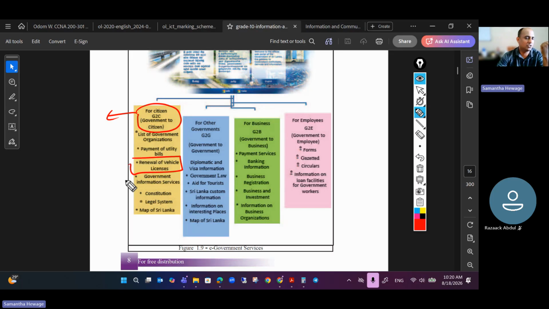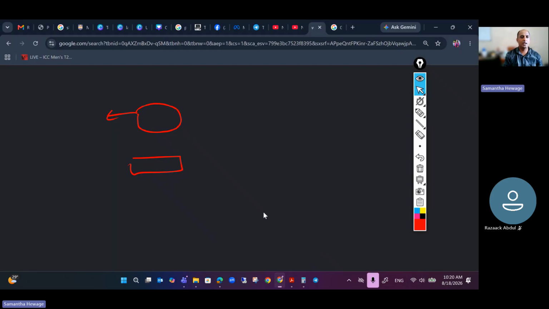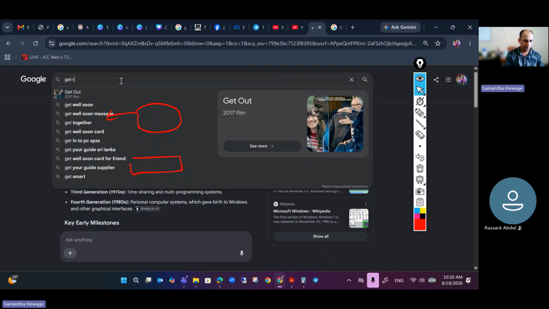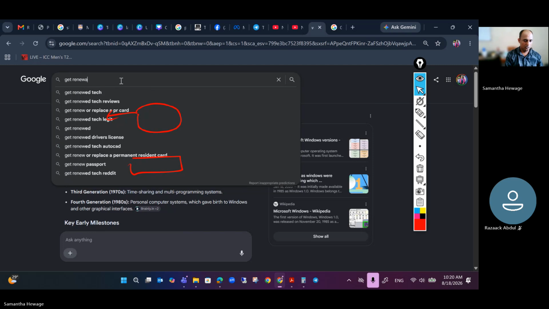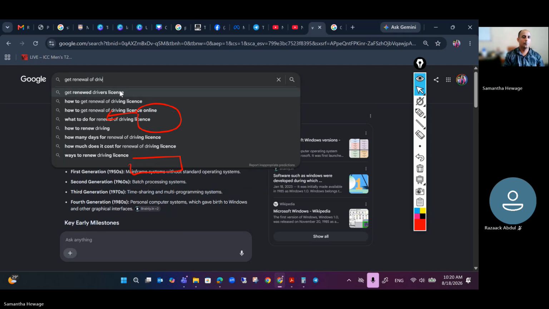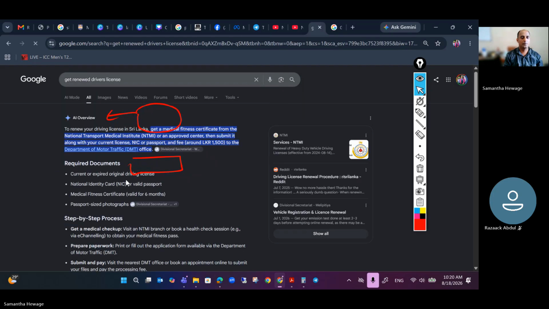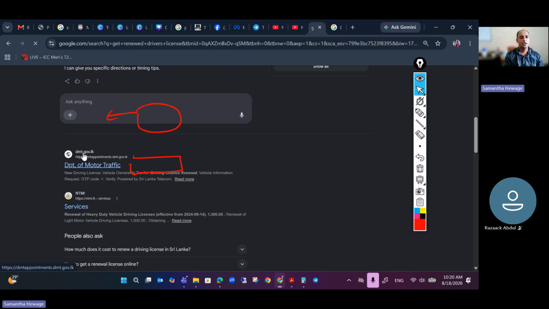Renewal of vehicle license. I will show you, then you can understand. Because recently I got this vehicle insurance and, sorry, license also. Get renewal of driving license. See, gov.lk, government.